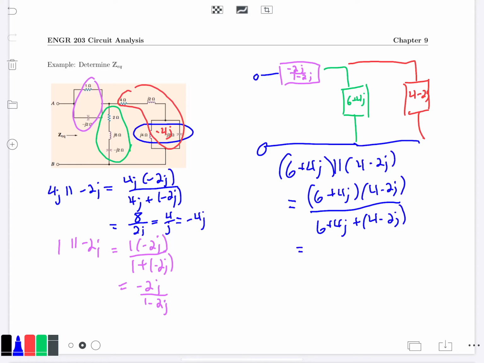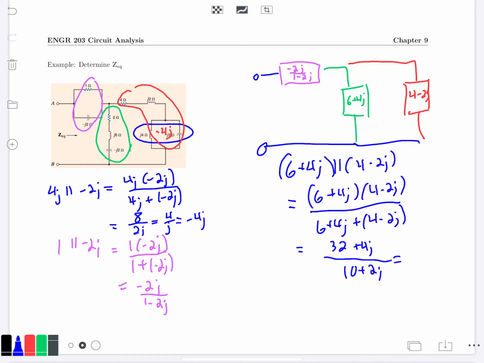And let's see here. The bottom, that's going to be 10 plus 2J. The top, try to do a little bit of work here. 24, and then it's going to be plus 8 is going to be 32. And minus 12 plus 16 is plus 4J. And, I mean, it's kind of a mess here.